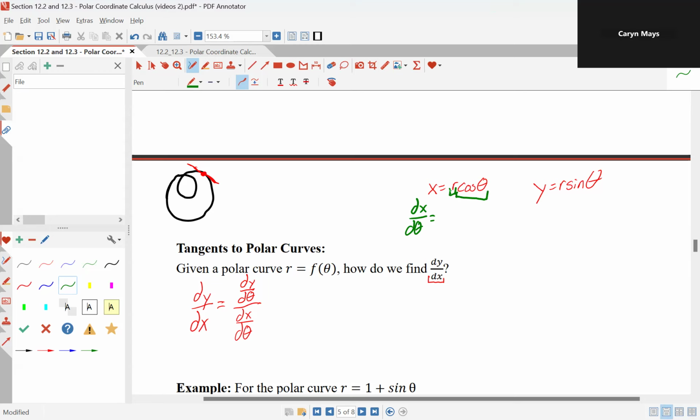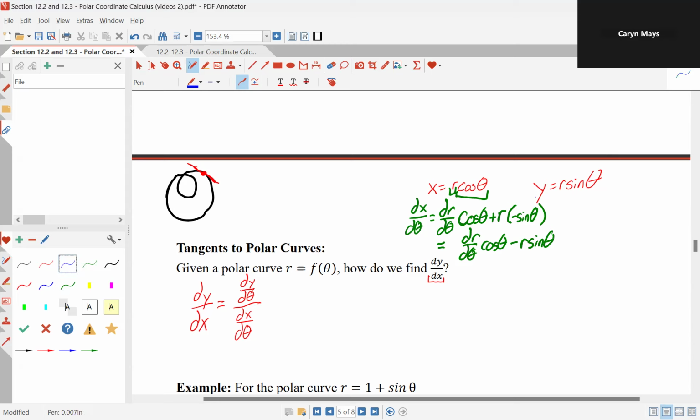The derivative of r in terms of theta is dr d theta. We keep the cosine the same, plus now we keep the r the same and take the derivative of cosine. Derivative of cosine is negative sine. Simplifying this down, we have that dx d theta is dr d theta cosine theta minus r sine theta from using product rule.